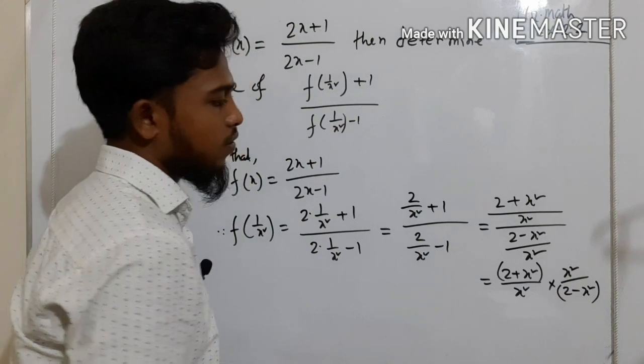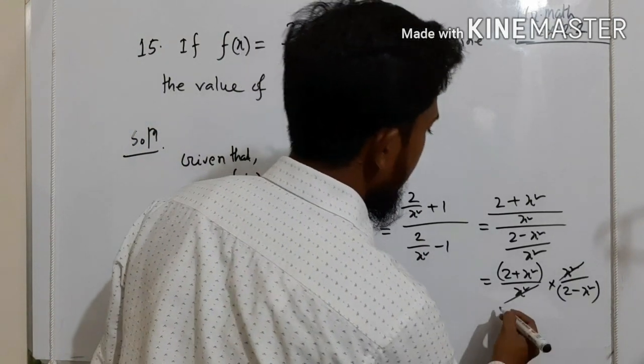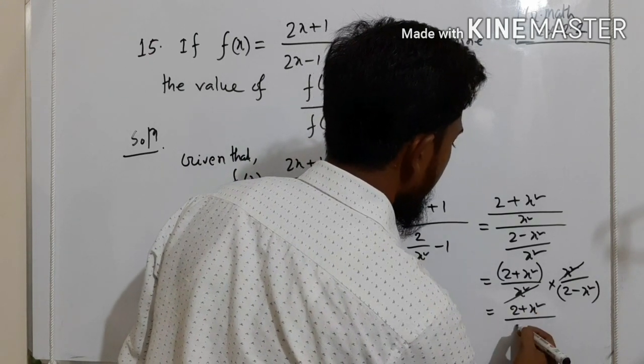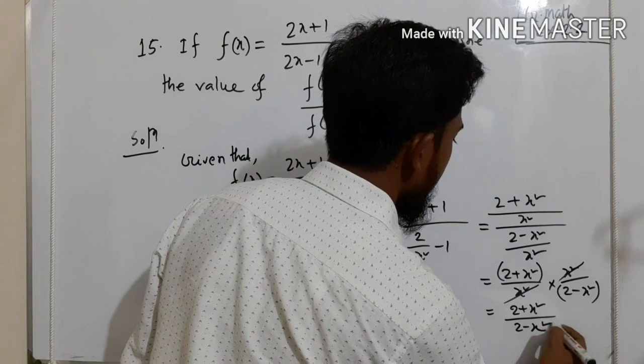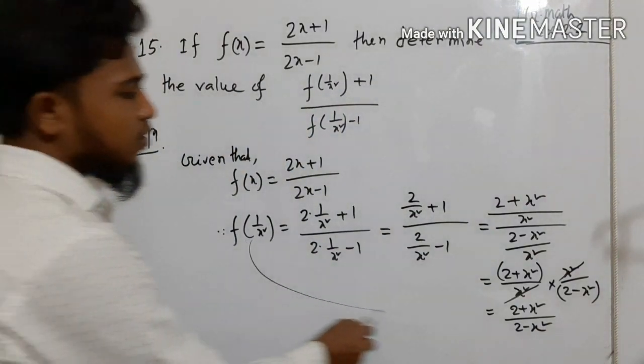So here x square and x square are cancelled. So (2 plus x square) divided by (2 minus x square). The value of f of 1 by x square is this.